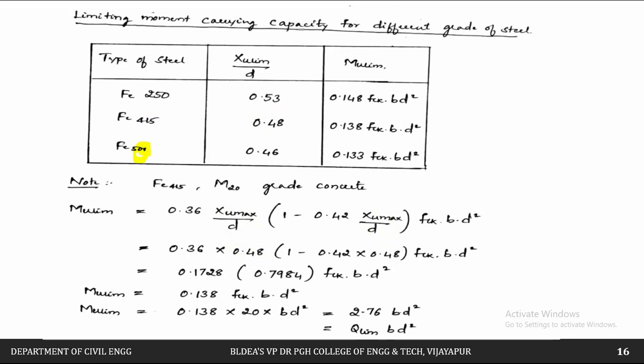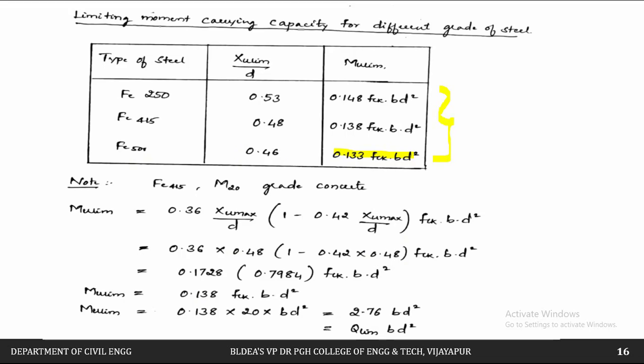If you want to calculate for 500, instead of this 0.48, you have to substitute 0.46. If you substitute, you will get the answer as 0.133 fck b d square.